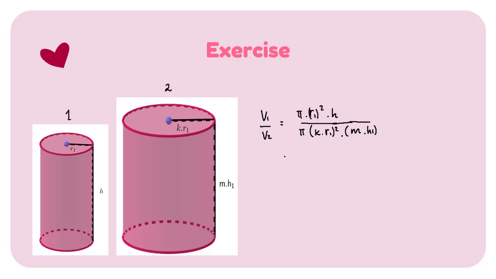Then we can do a calculation as well, and then we can do a simplification. Then later we will get the final ratio is equal to 1 over k squared times m.